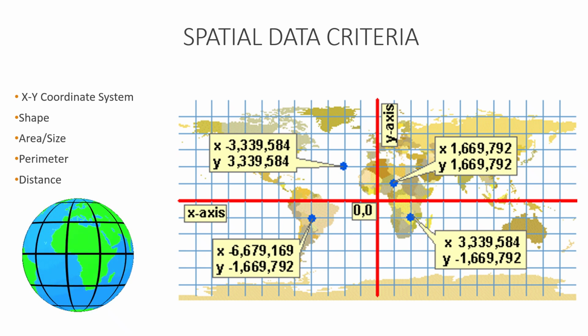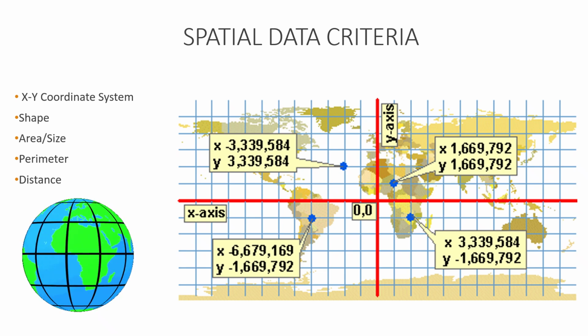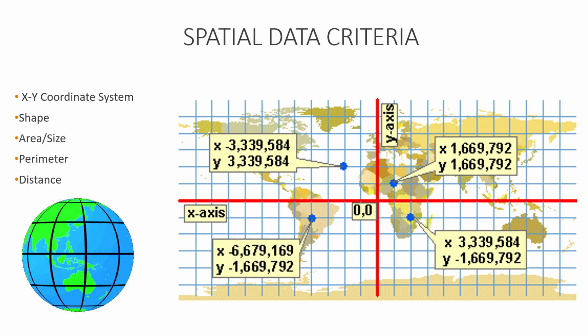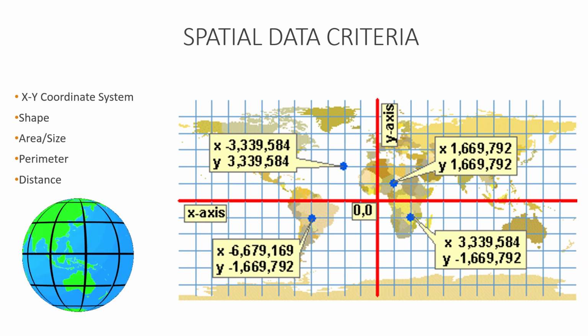This slide explains the criteria that define spatial data in GIS. Spatial data is based on a coordinate system, typically the XY coordinate system, which determines the exact geographic location of features on the Earth's surface. Several important criteria describe spatial data. These include shape, which represents the geometric form of a feature, such as point, line, or polygon; area or size, which measures the extent of a feature, such as the size of a land parcel; perimeter, which refers to the boundary length of a polygon feature; distance, which measures the space between 2 geographic features.